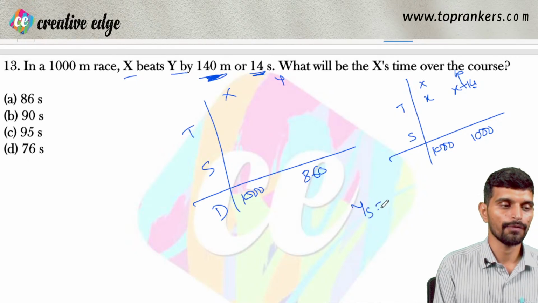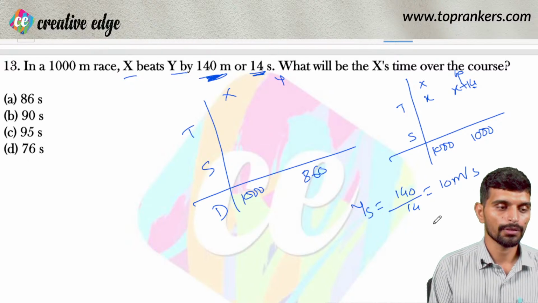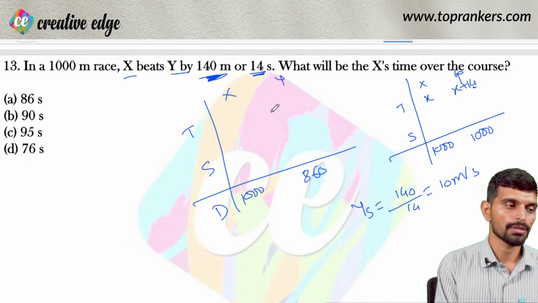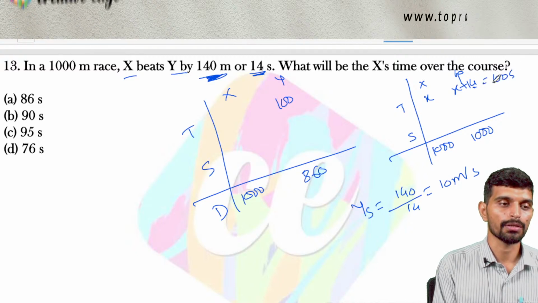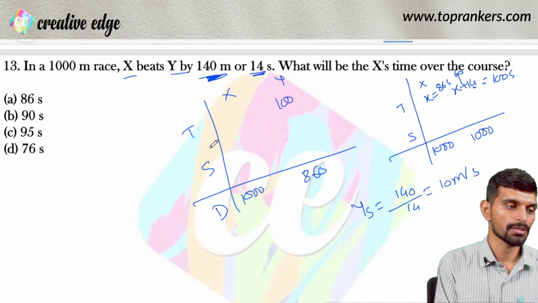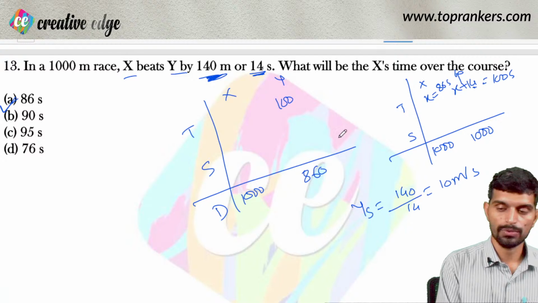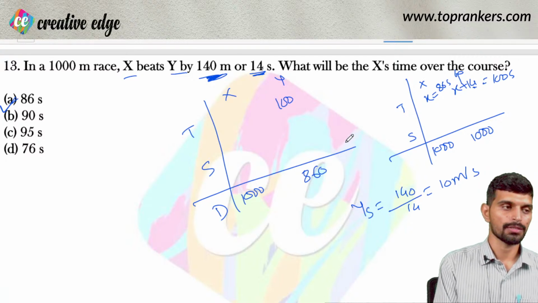So speed of Y is 140 by 14, that is 10 meters per second. So Y will cover the entire distance in 100 seconds. So X will cover the entire distance in 86 seconds. Right? So the answer to this one should be 86 seconds.